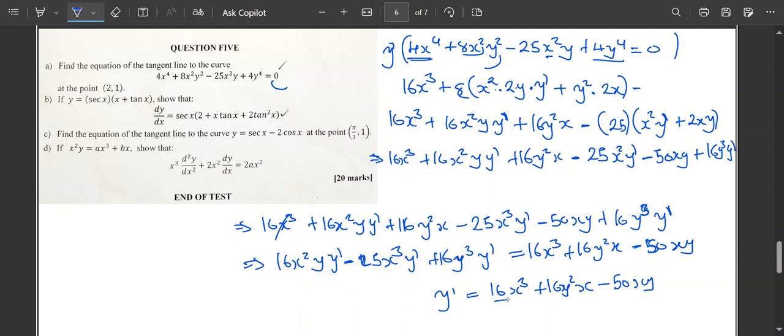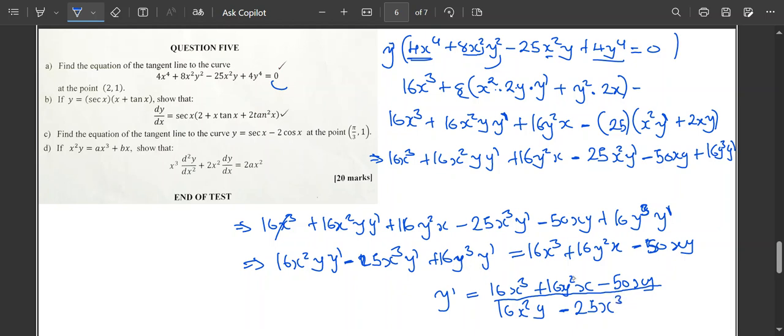Okay, then divide by everything we have here. So we have 16 x squared y. Then this one I've already factored out. Then minus 25 x cubed.